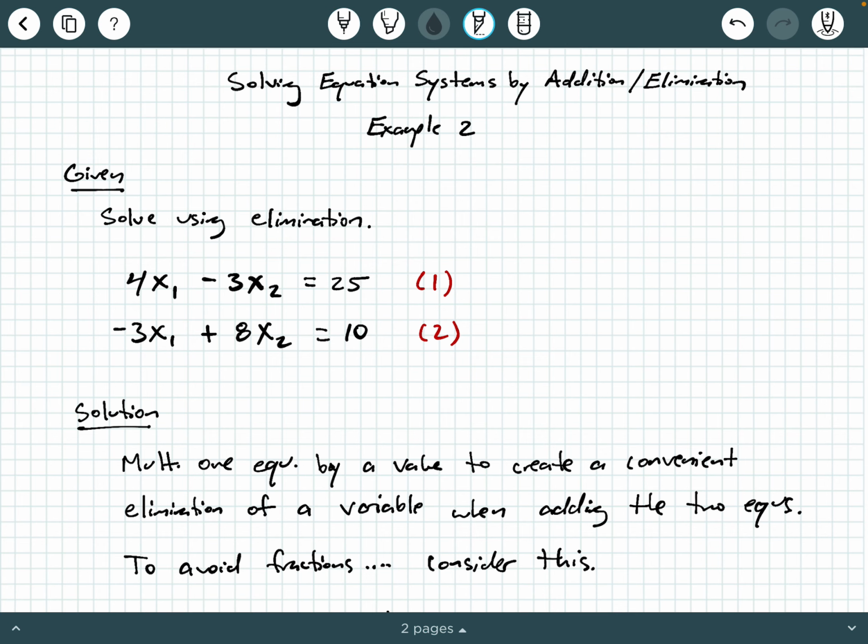Again, if you want to avoid fractions, you can multiply equation 1 by 8, and you can multiply equation 2 by 3, and you will generate a negative 24 coefficient of x2 in equation 1 and a positive 24 coefficient on x2 in equation 2.